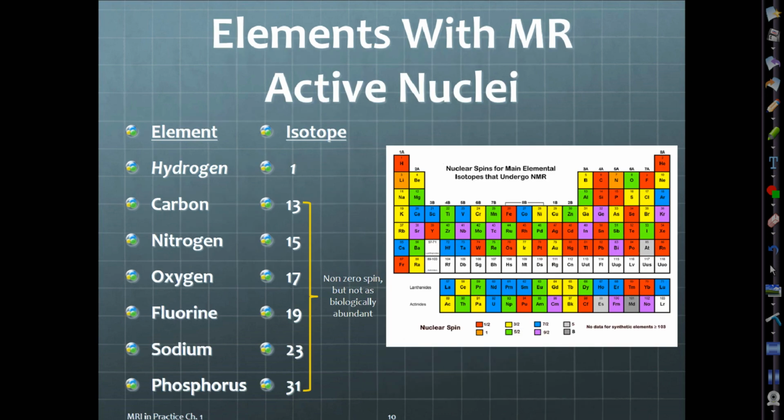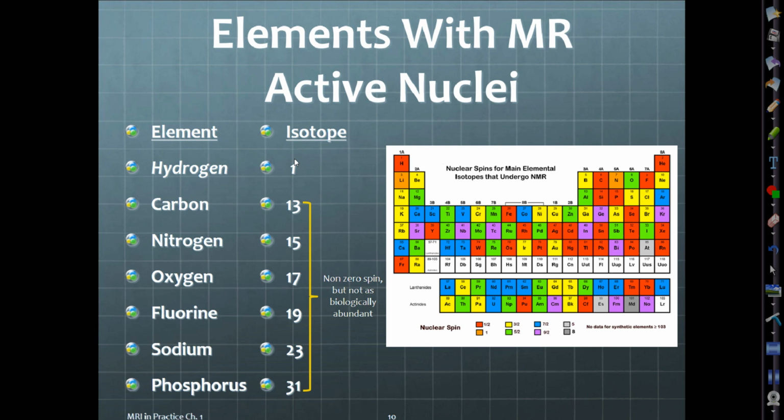All right? So we have several MR active nuclei on the periodic table. Look at all of these atoms. What do you see that's similar about their atomic number or the isotopes of these atoms? What do all these numbers have in relation? Odd.